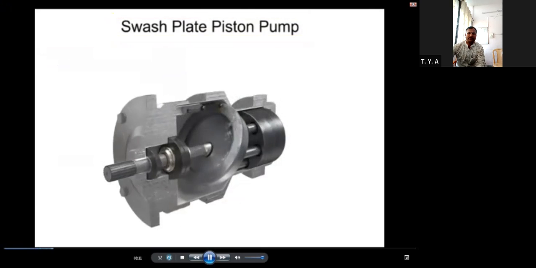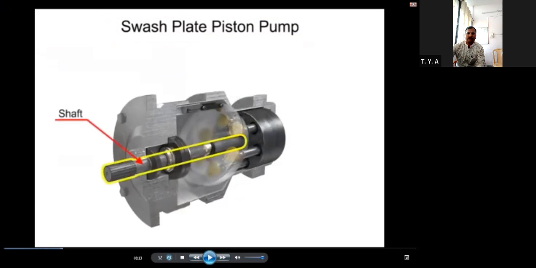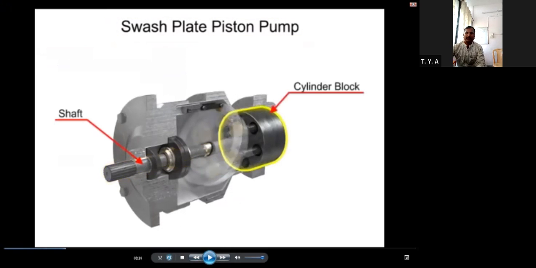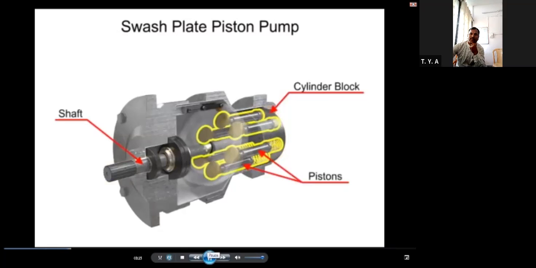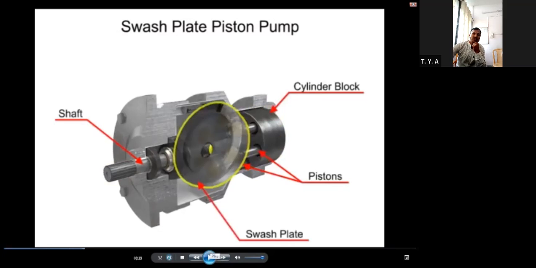Swash plate piston pumps have a rotating shaft connected to a cylinder block containing pistons, and these are the different pistons, shown in the figure by that purple color, which are pressed against a stationary swash plate, mounted on that shaft, that sits at an angle to the cylinder.